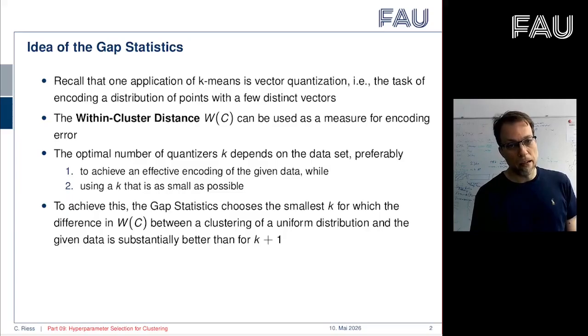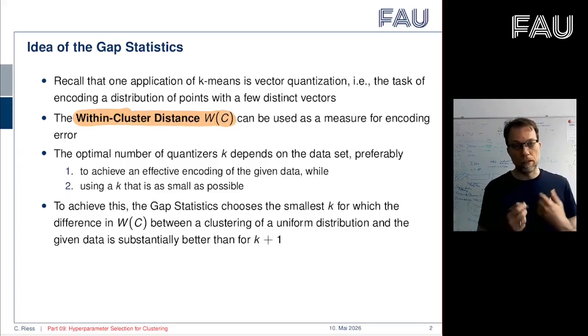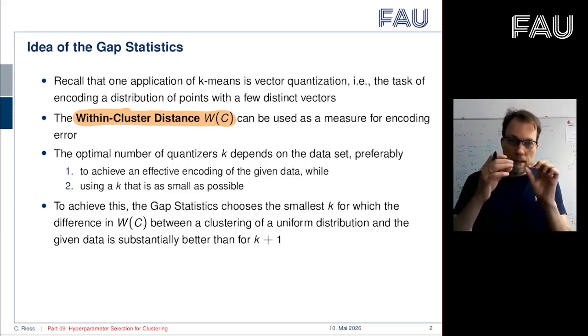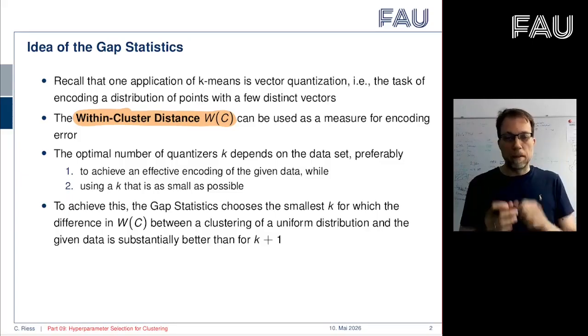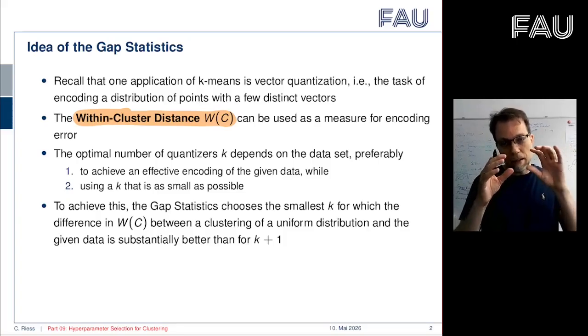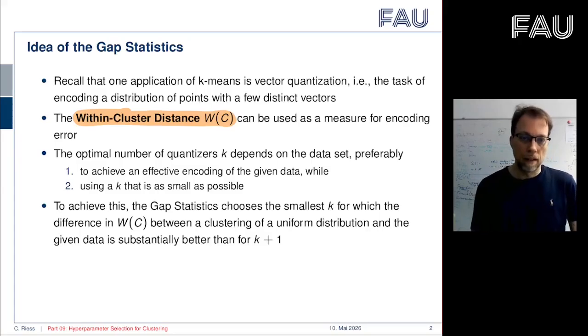If I'm encoding a distribution of points with a few distinct vectors, how can I measure the quality of that encoding? And you can say, well, let's have a closer look at the within cluster distance. We can use this as a measure for the encoding error. So any distance between the points, or in particular the sum of distances of all the actual observations from their prototypes, can be seen as encoding error.